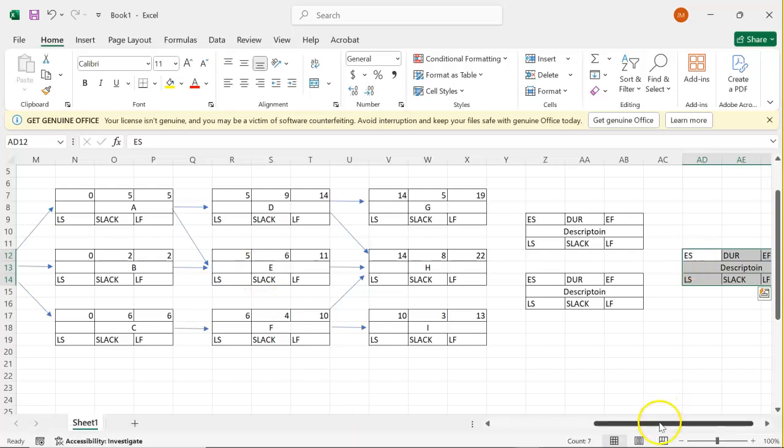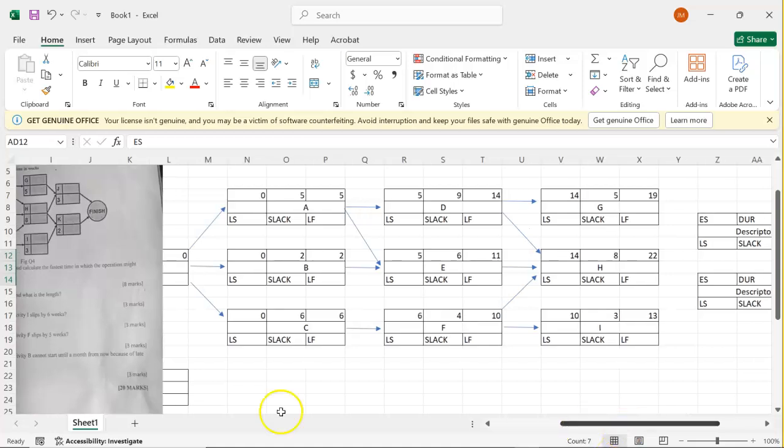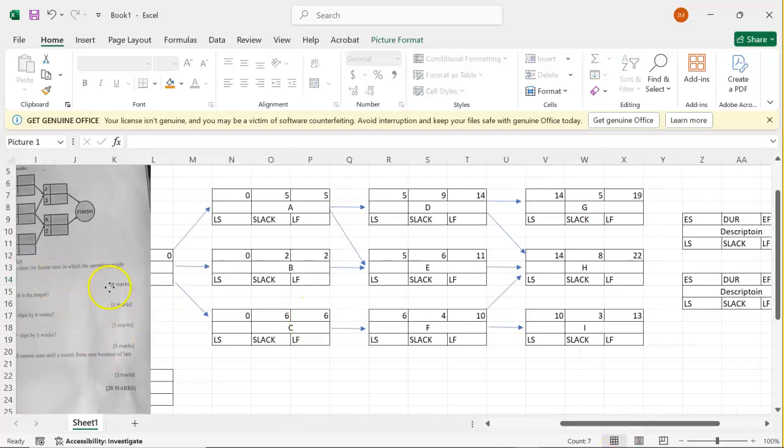So following this, what we've been doing here.